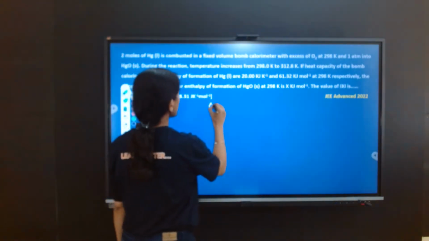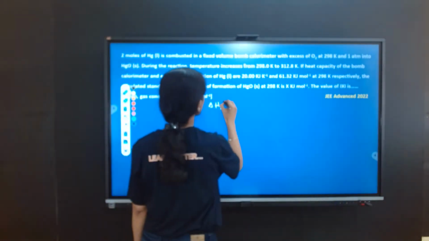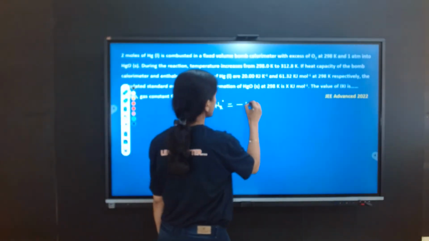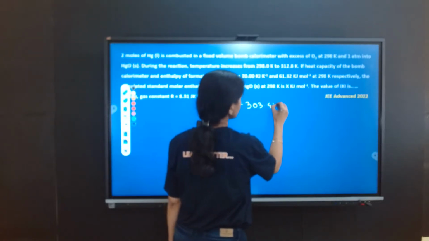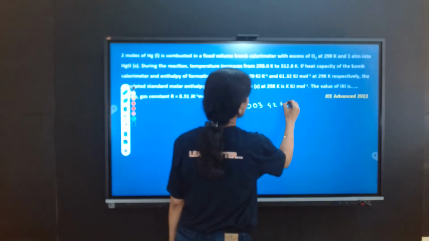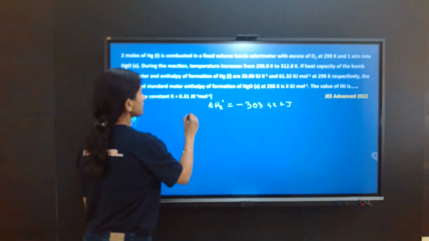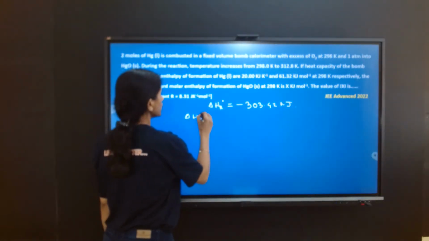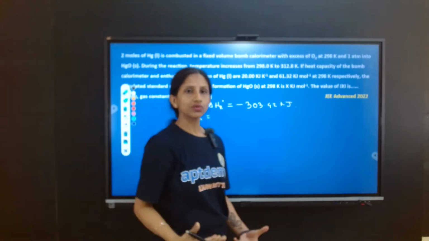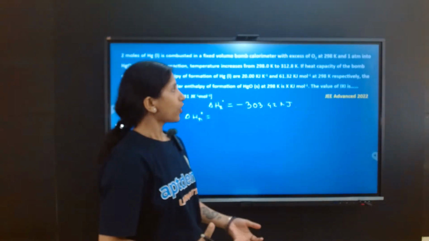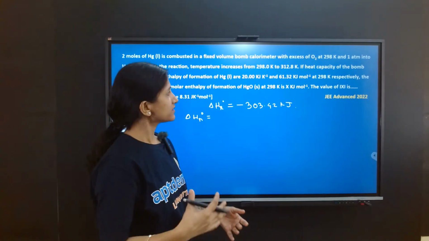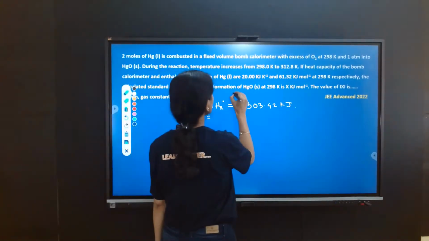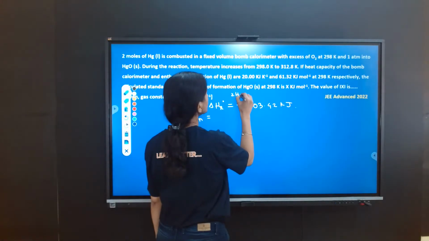So delta H R0 was minus 303.42 kilojoule, right? Now, delta H R0 or heat of the reaction can also be written in the form of the heat of formation of products and reactants as well. So let's write down the equation again.